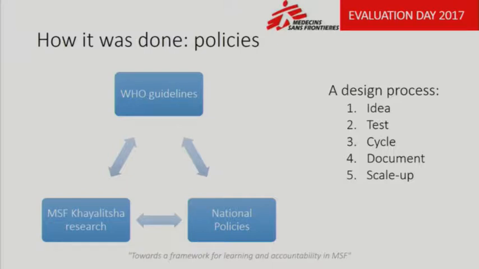Another way of direct impact of advocacy on national policies is by implementing or prototyping new innovative ways of care or new models of care. I deconstructed some of the innovation projects that have been done in Khayelitsha, and I came up with a 5-stage design process. The first 3 steps are basically think, test, analyze, and cycle.